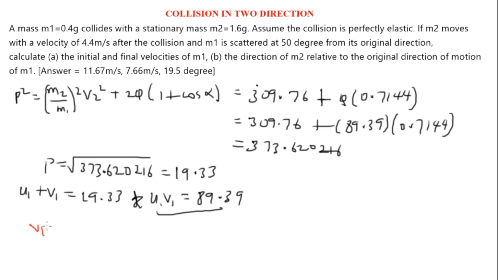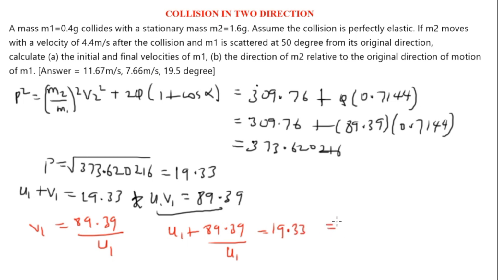Don't forget, we can now infer from this place straight up that v1, or we can even use any value, we can use u, but let's go with v1, which is 89.39 upon u1. So I just made v1 subject. If this is v1, then if I put it in this equation, I will have u1 plus 89.39 over u1 equal to 19.33.